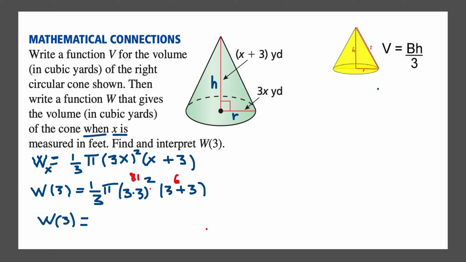Now if I take 81 times 6 divided by 3, 6 divided by 3 is 2. 2 times 81 is 162. So this is 162 pi. But don't forget the units.